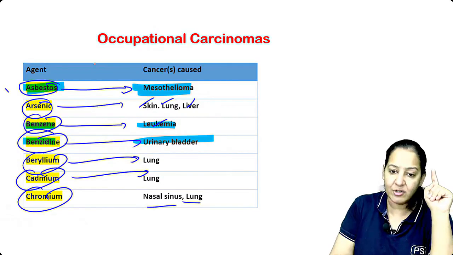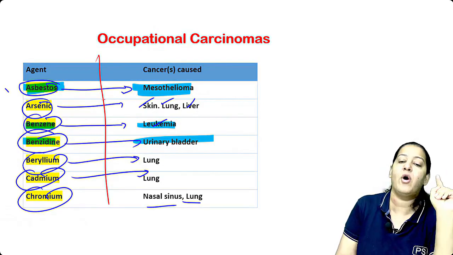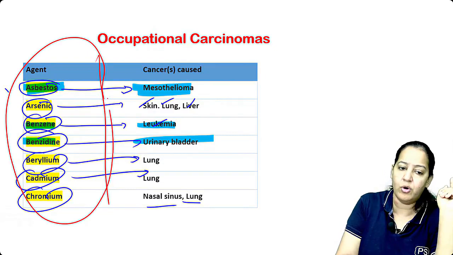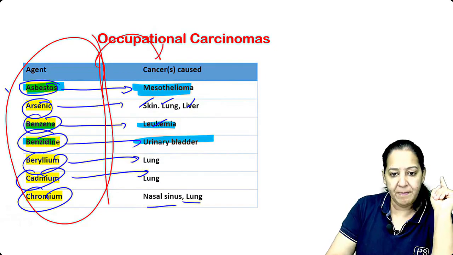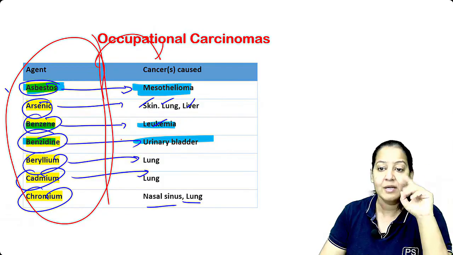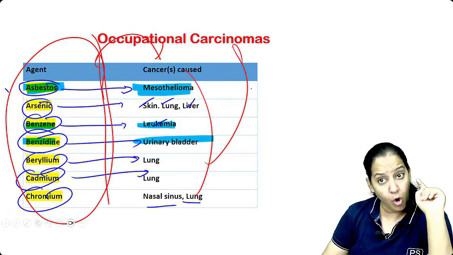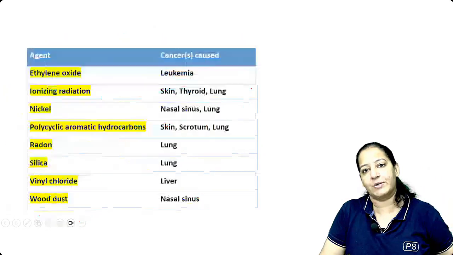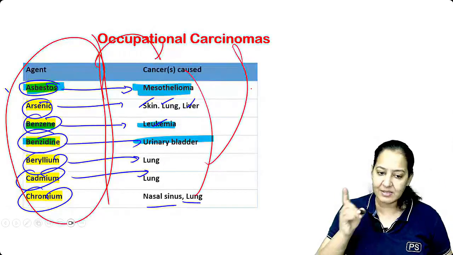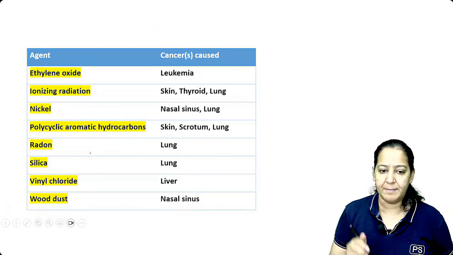Please learn these occupational cancers. Anyone working in a factory and in close contact with these should beware. They can have the corresponding cancer anytime in their life. The person is having cancer because of the occupation. The list does not end here. You can read the list and continue it. I'm not reading it completely.